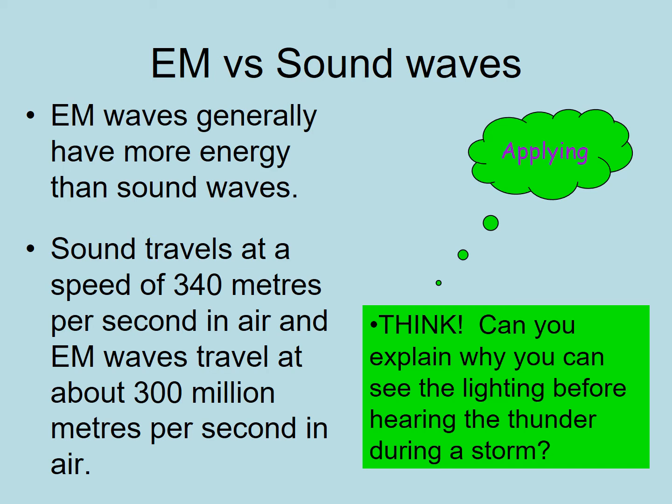Can you think and explain why you can see the lightning before hearing the thunder during a storm? Well, this is because light travels faster, and remember, visible light is part of the EM spectrum.